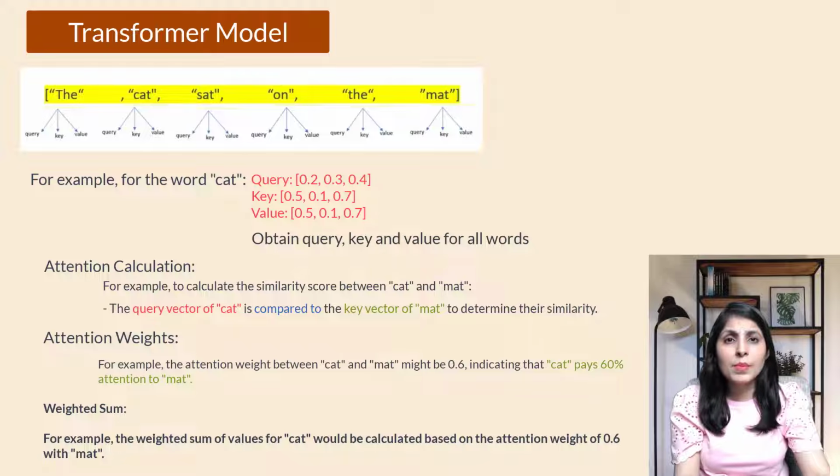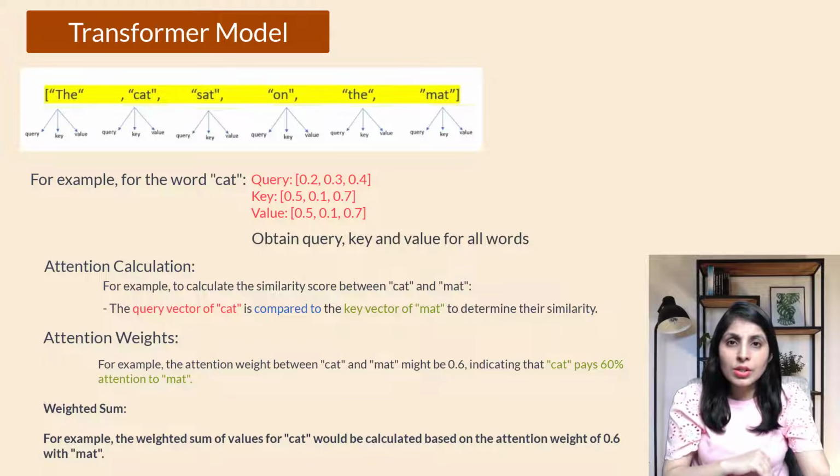The updated representation captures the context and the meaning of the cat, considering its relationship with other words. The above steps are repeated for each word in the sentence, capturing the attention and updating the representation for all words.